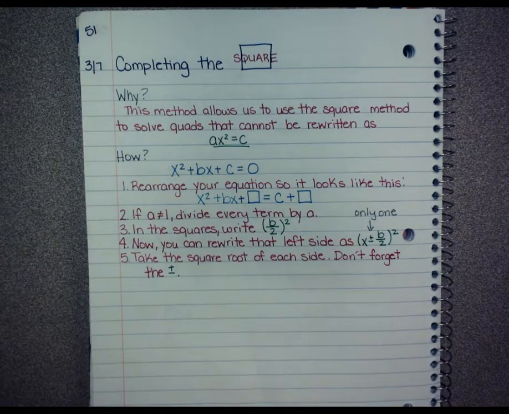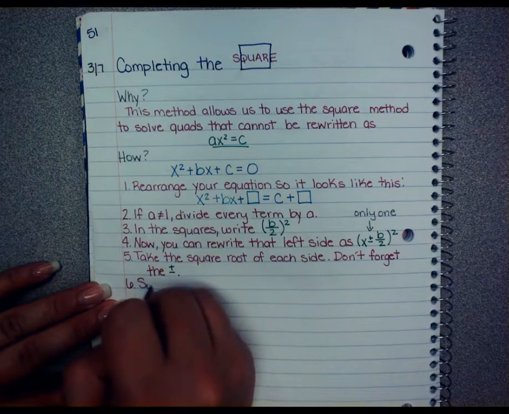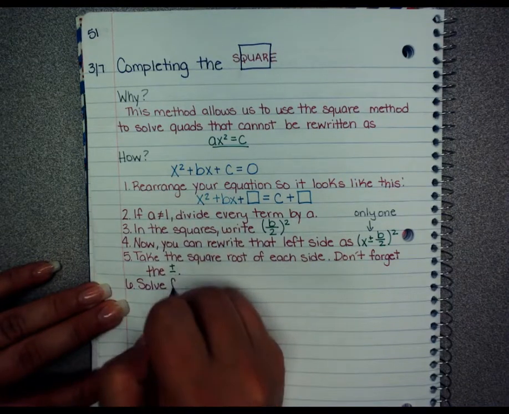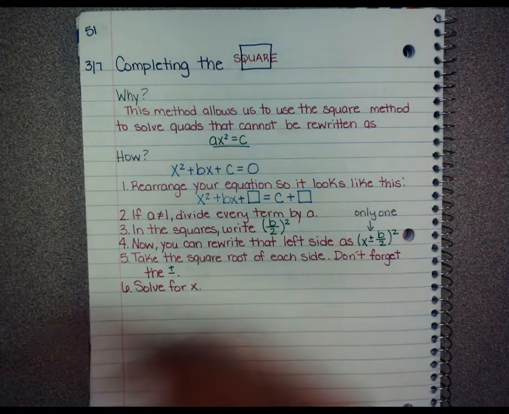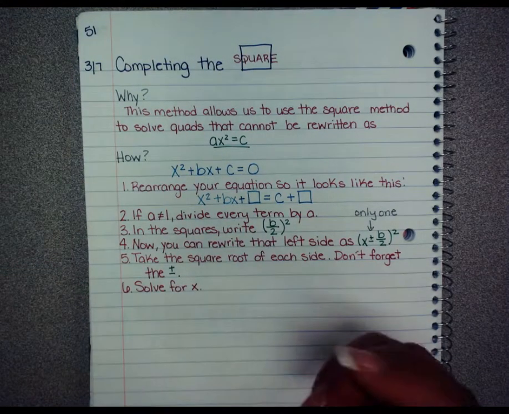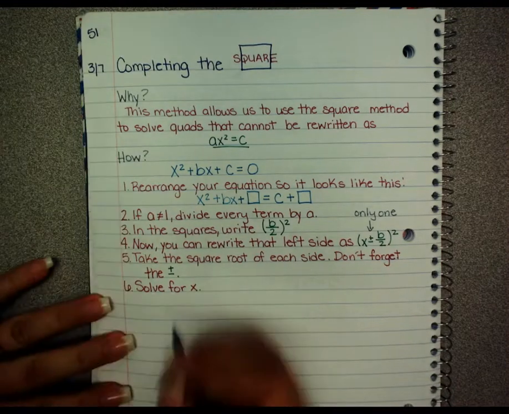Don't forget that plus minus. And last and final step, solve for x. It's kind of confusing. Hopefully with the example you guys will catch on really quick. So here's our example.